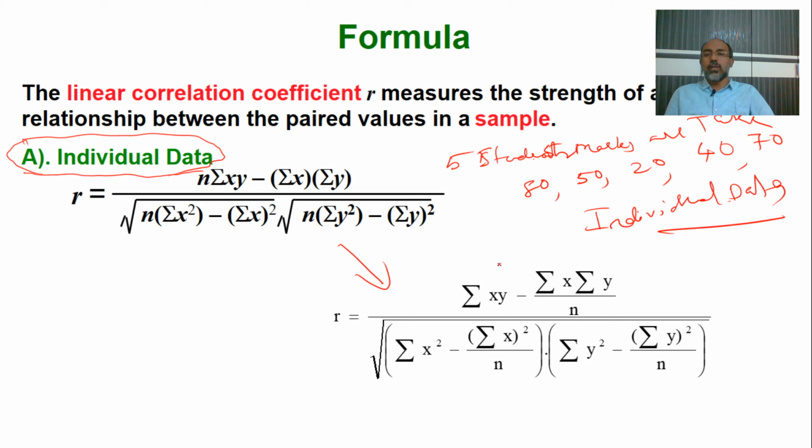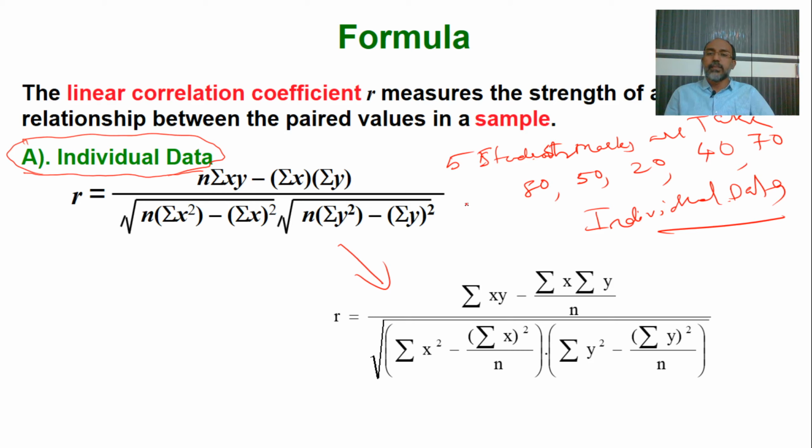At the degree level, the examiner or the syllabus level is finding the correlation between two variables of individual data only.